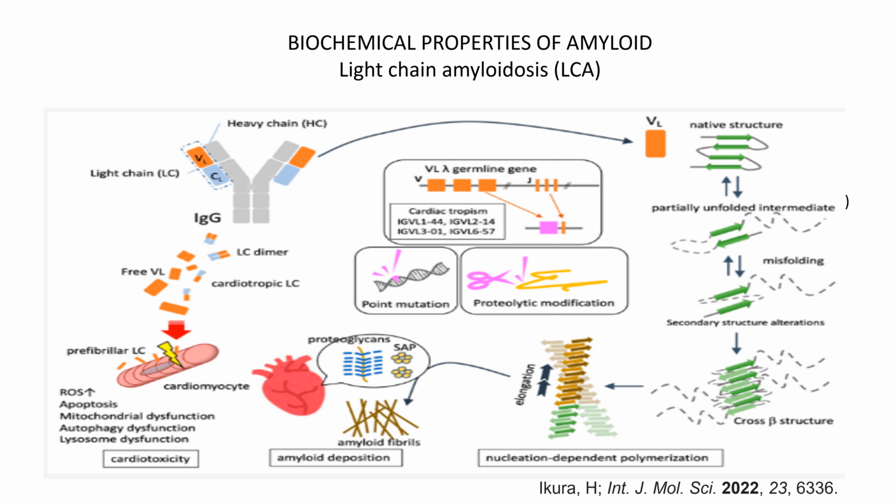Certain parts of the immunoglobulin light chain, with mutation in the germ line of the gene, have a cardiac tropism.